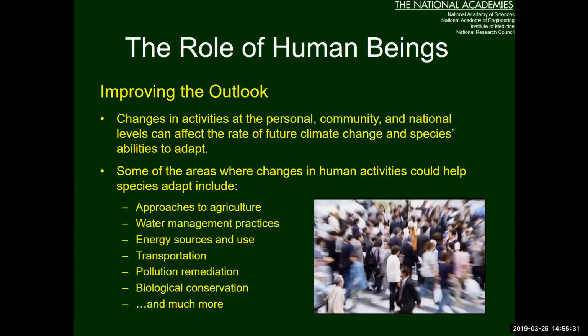So the way that we grow our food and how we manage water, how we generate electricity, and how we move ourselves around for work and play, how we release our waste products, how we treat the other species and other habitats on this planet. These are all important ways that we can address climate change.